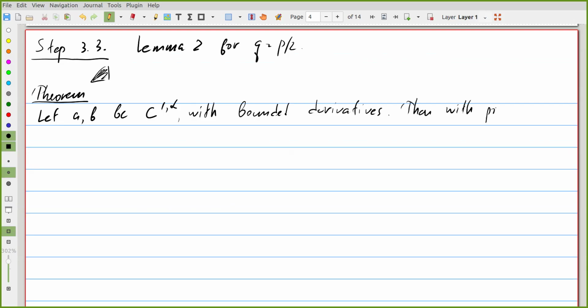Then, with probability 1. I am writing probability at the beginning, so everything that happens after happens on the same set of full probability.